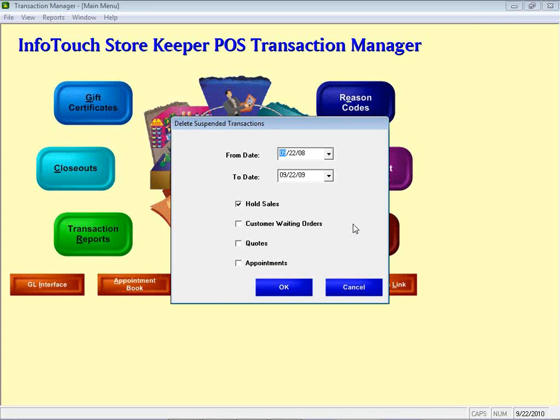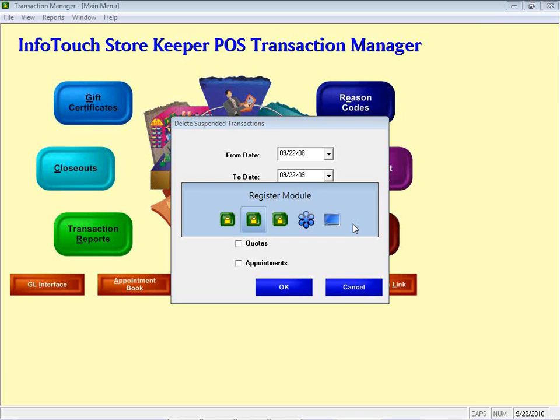So we have hold sales. A hold sale or a suspended sale is something where somebody comes in, they ring up some items, they go to pay for it, and they forgot their checkbook, they want to go out to the car, you suspend the sale. Or maybe they call in an order and they tell you, I'm going to be in later, you suspend the sale, and you're able to recall it very quickly and easily afterwards. Any suspended sale, by the way, can be recalled at any register. There's a huge number of options when recalling suspended sales.